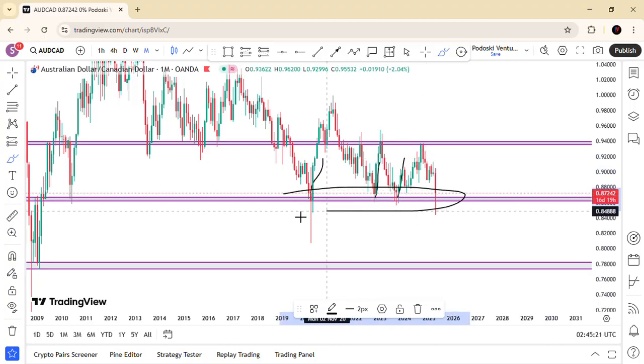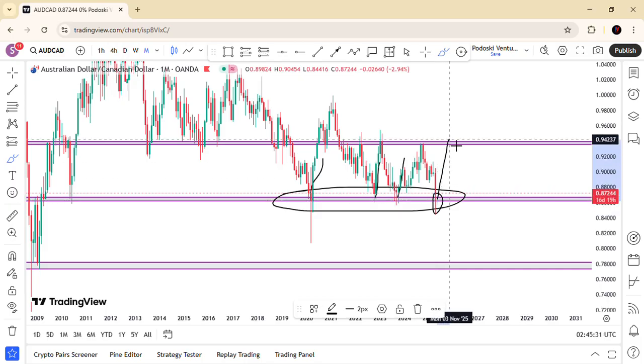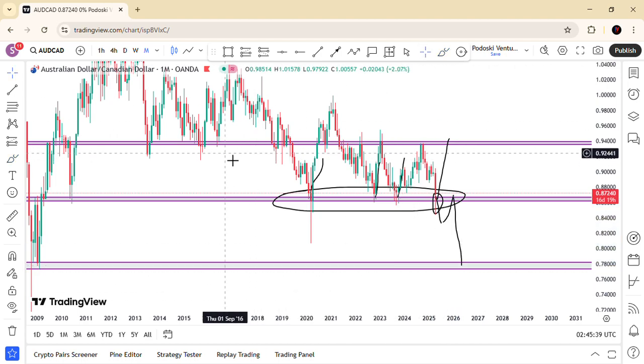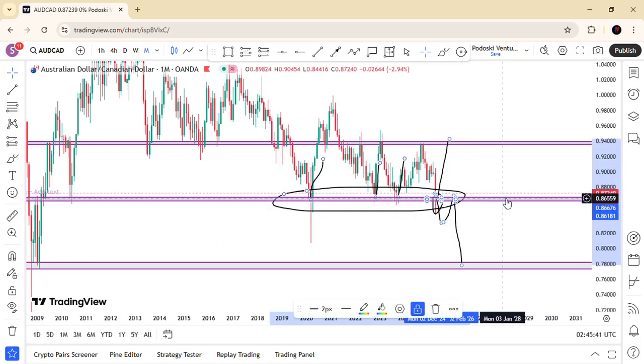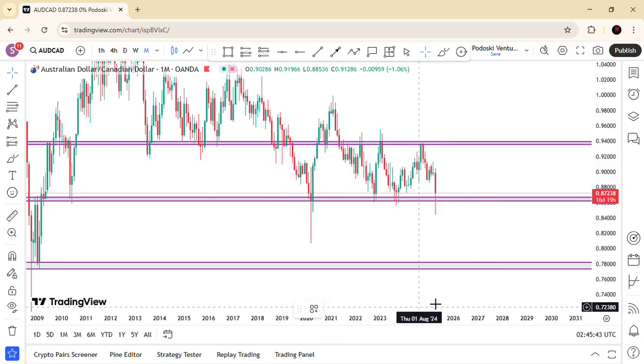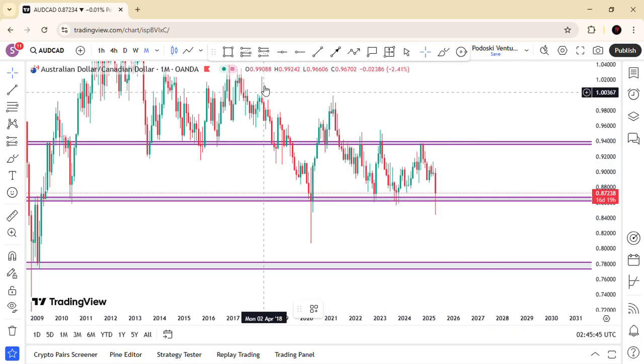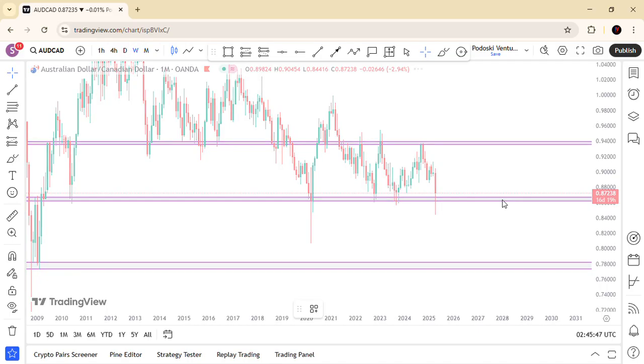Price has tapped into it, and we are already seeing the buying pressure coming in. So will price be able to go to the upside, or break, retest and drop to the downside? Let's go to the lower time frames and find out.